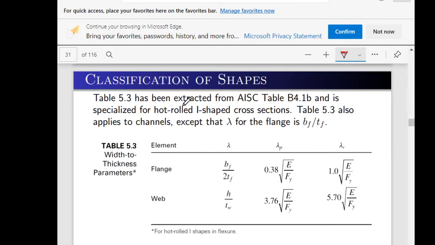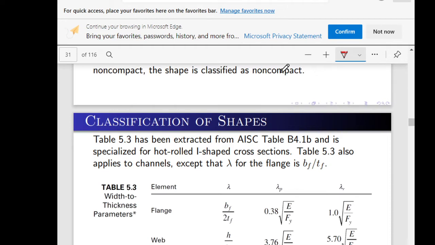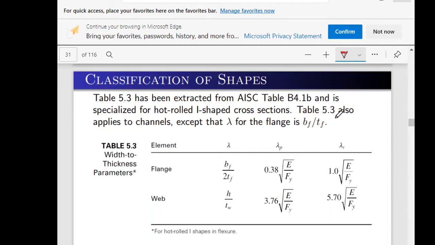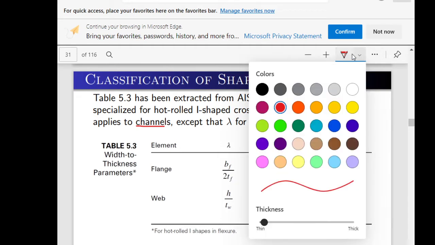Table 5.3 has been extracted from the AISC Table B4.1b and is specialized for hot rolled I-shaped cross-sections. Table 5.3 also applies to channels, except that the lambda for the flange is bf over tf. Because these are channels, the lambda no longer has the 2, so it is just bf over tf.